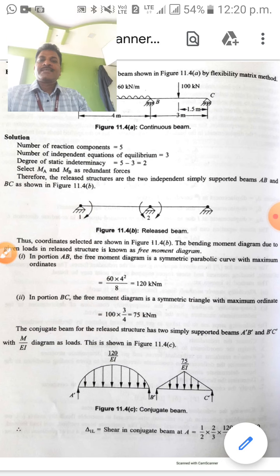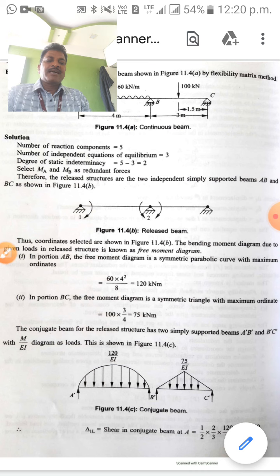Now to find the flexibility matrix, a unit force is applied in each of the coordinate directions and the resulting displacements in coordinate directions 1 and 2 can be found. Applying the unit force at 1, the bending moment due to unit force 1 at A is 1 upon EI in A'B', and the bending moment in BC is 0.